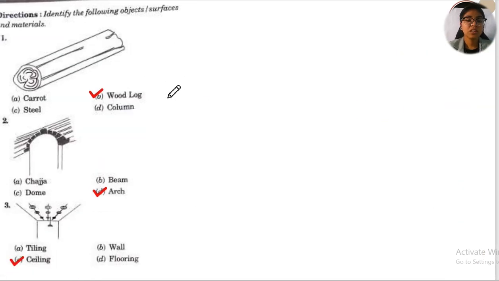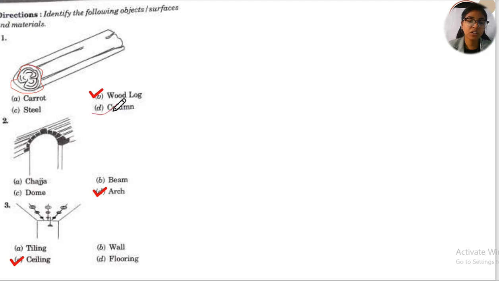Next question. Here you have to identify the following object surfaces and materials. An image will be given to you, and then by looking at its surface you have to identify which object it is. First look for the shape and then go for the texture. As you can see, this gives an irregular shape.